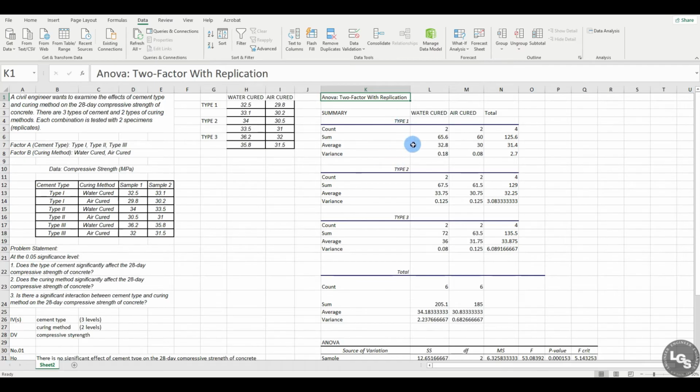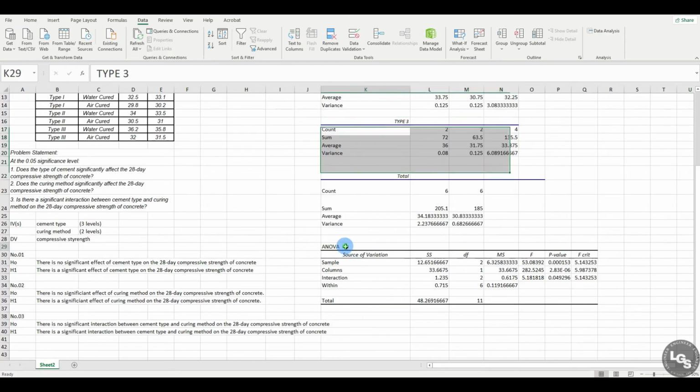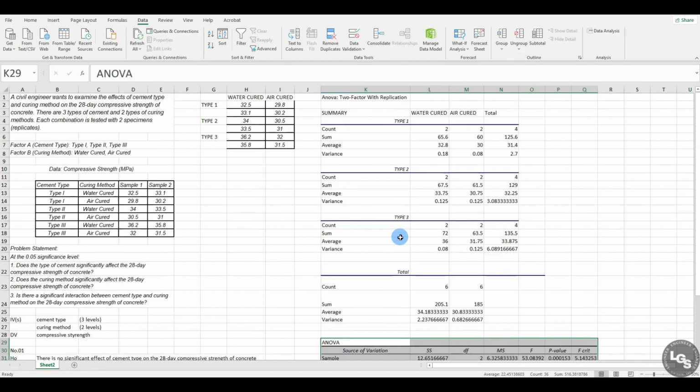So we have here different tables. We have the summary for type 1, summary for type 2, summary for type 3, and the total. And of course, we have the ANOVA table. So for type 1, we can see here the total count. So we have 2 samples for water cured, then 2 samples for air cured, a total of 4.